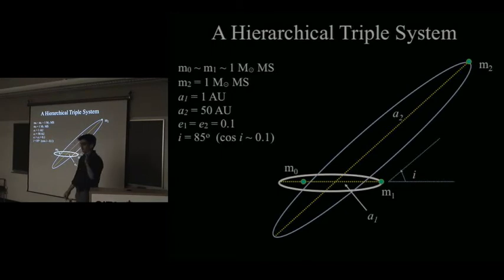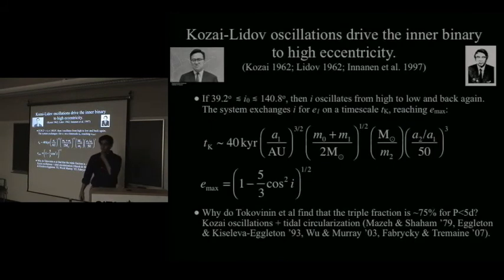If you haven't heard many talks on Kozai oscillations, then you might just naively think that the inner binary just orbits around, and the outer tertiary just orbits around, and that's it. If you have heard of Kozai-Lidov oscillations, then you know that that's not true. If the inclination of the outer orbit, that I, is larger than 39.2 degrees, then you set up a resonance, basically, and you get oscillations in the orbital elements of the inner binary.